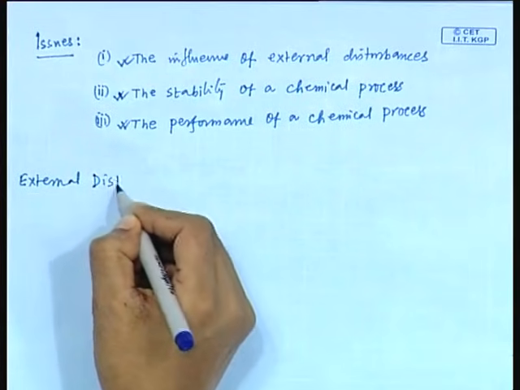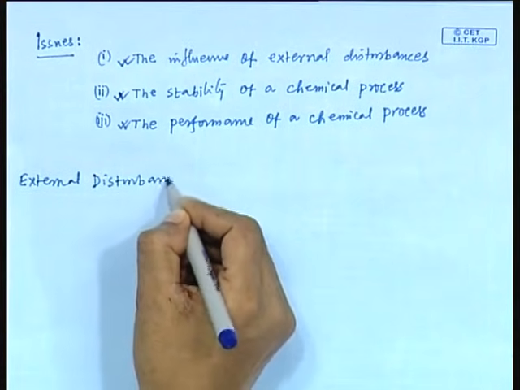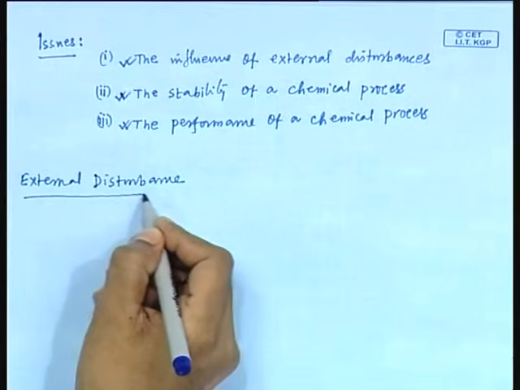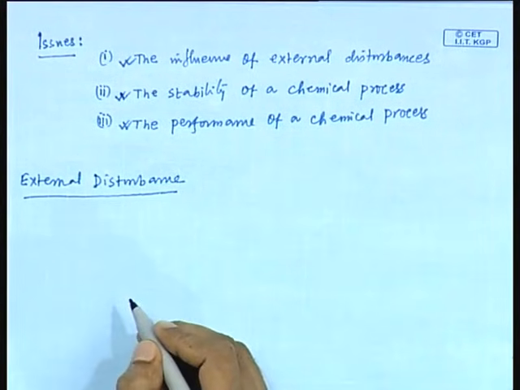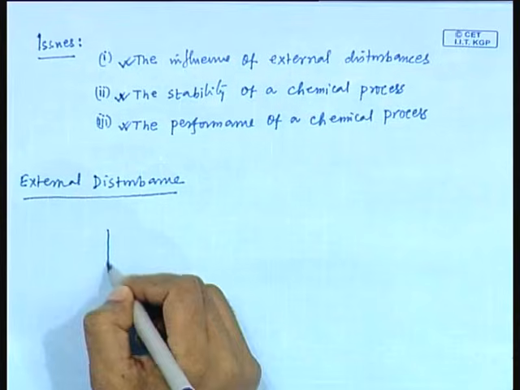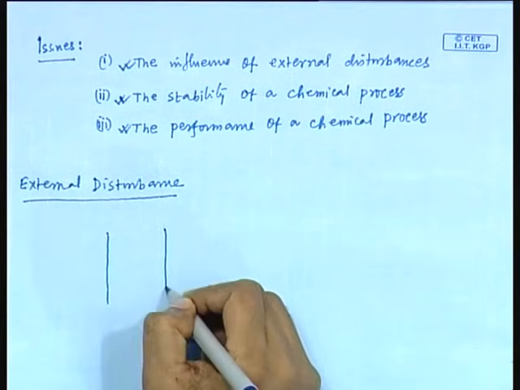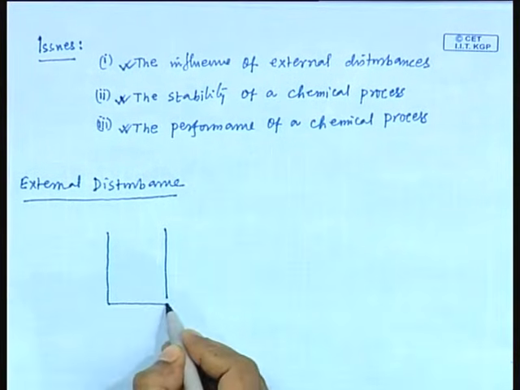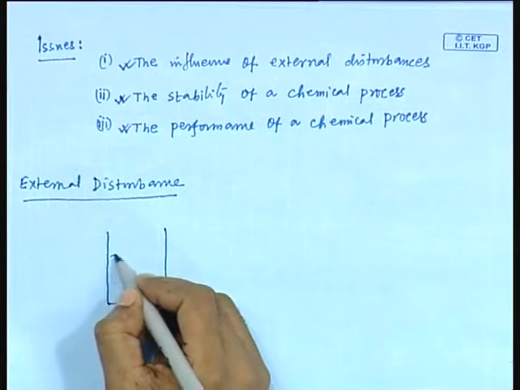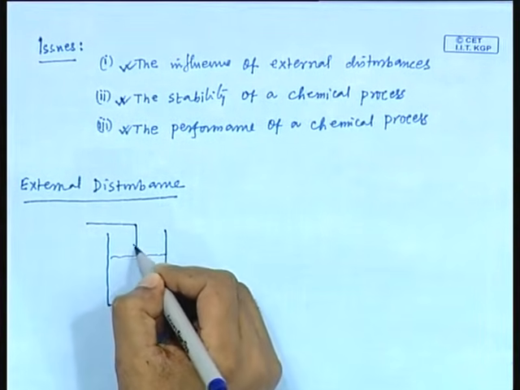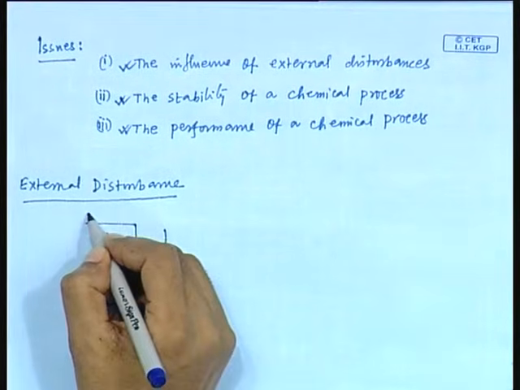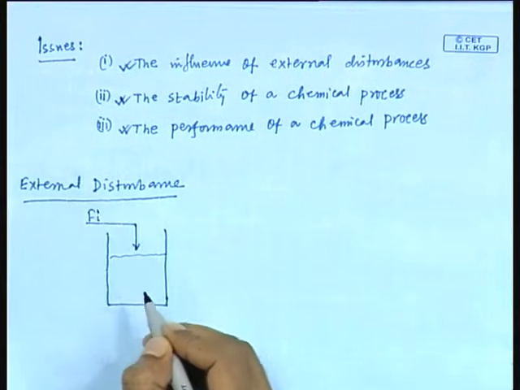External disturbance. So to discuss this external disturbance, we will consider a simple example, that is a tank heating system. The schematic of the tank heating system is something like this. This is a tank, a liquid stream which is entering this tank with a flow rate of F suffix i.